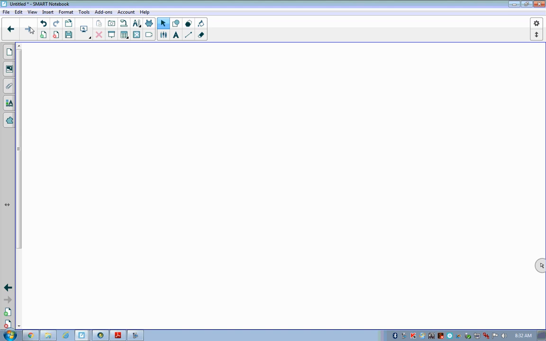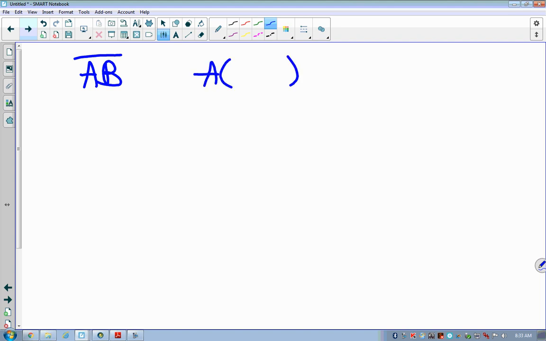Okay, so let's say that I had, I'm trying to think of how to do this. If they tell me that I have a line segment AB, right? And they tell me that A, let's keep it simple, is coordinates 1, 2.